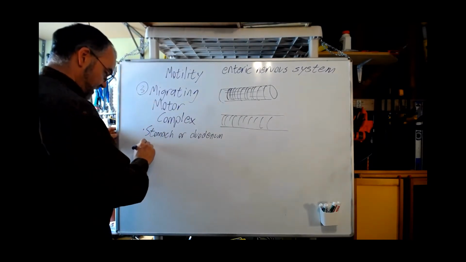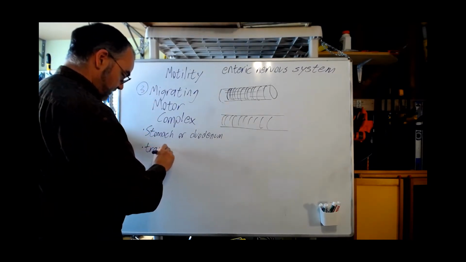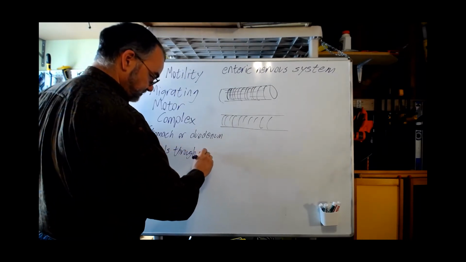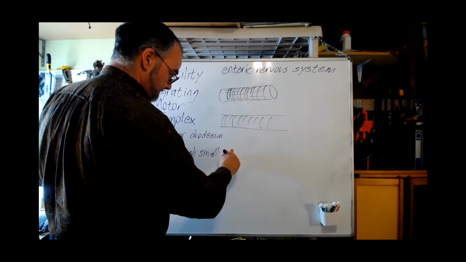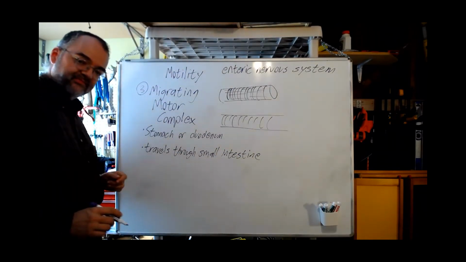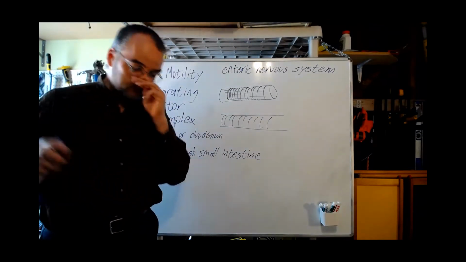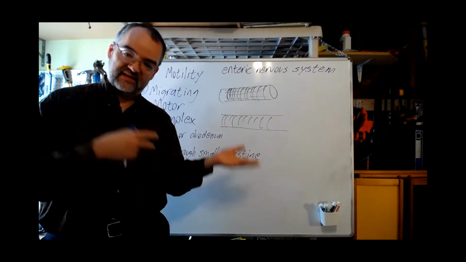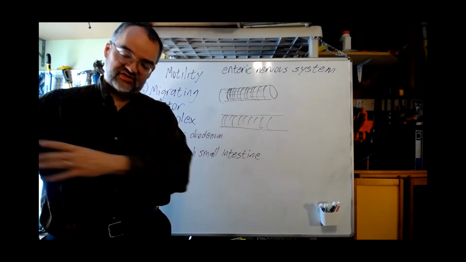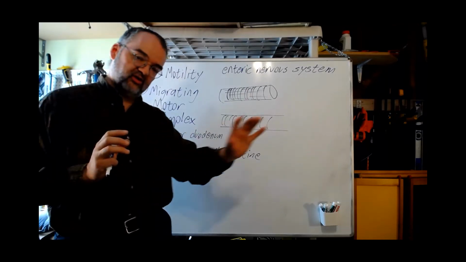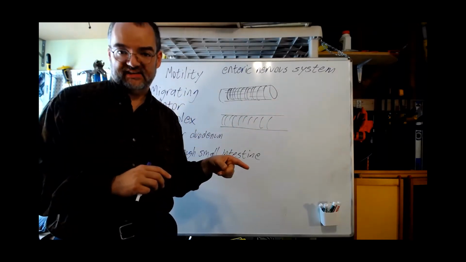So this travels through the whole small intestine. What this seems to be for is sweeping non-digested material, or things that are getting left behind, down the tube, clearing stuff out, moving it all down toward the large intestine.